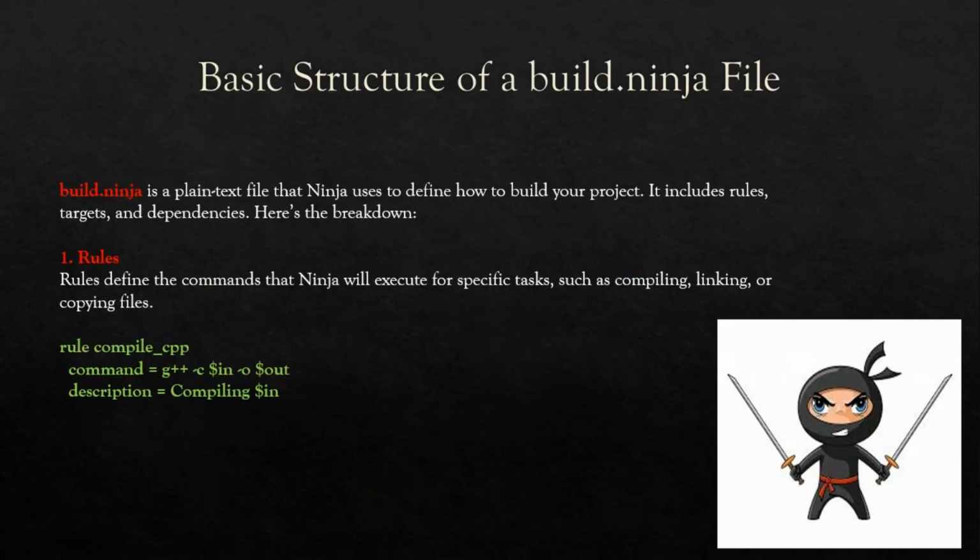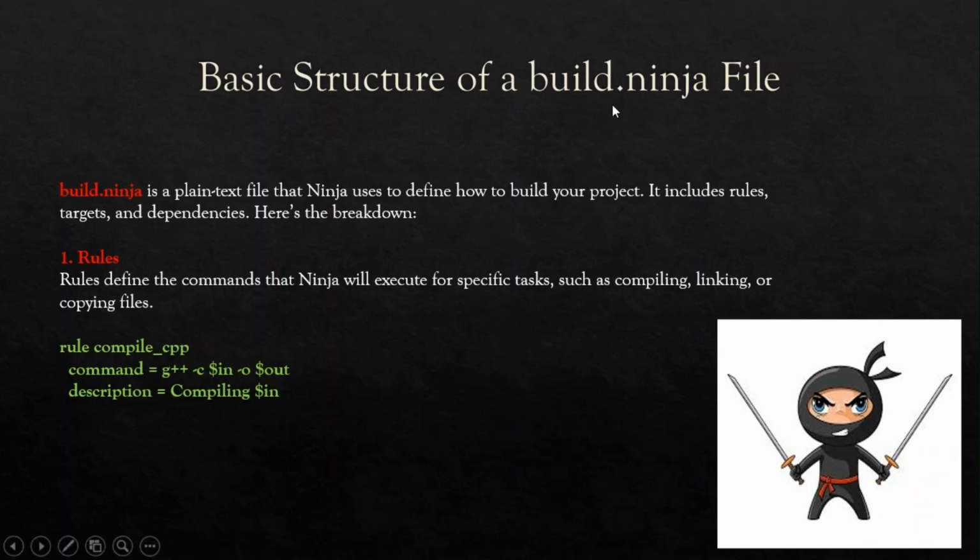What is this Build.ninja file? Ninja builds a project based on instructions inside the file called Build.ninja. Whatever instructions are defined inside this file are built using Ninja. Okay, so everything depends on this Build.ninja file.